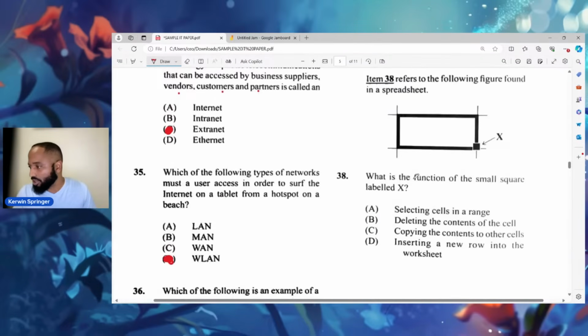What is the function of the small square label X? Selecting cells in a range, deleting the contents, copying the contents to another cell.